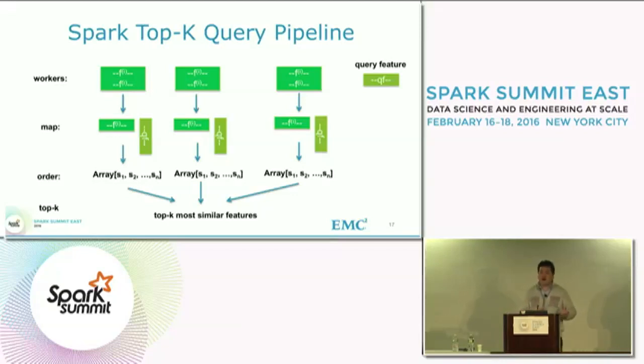And after receiving all the local top K objects from each worker, the driver will be able to identify the global top K objects that are most similar to the given target object.